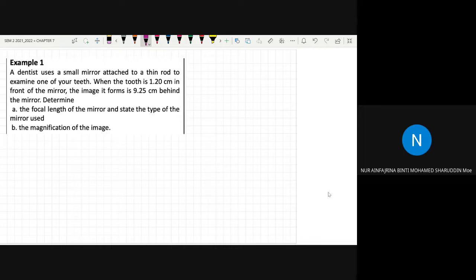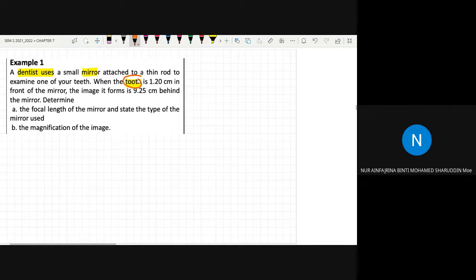Okay, Miss go through dengan korang. Kita buat sekali together. So now, dia cakap, a dentist uses small mirror attached to a thin rod to examine one of your teeth. So, when the tooth is 1.2 centimeter in front of the mirror. Okay, Miss nak tanya, tooth ni apa dia?